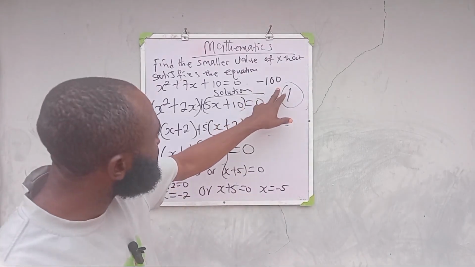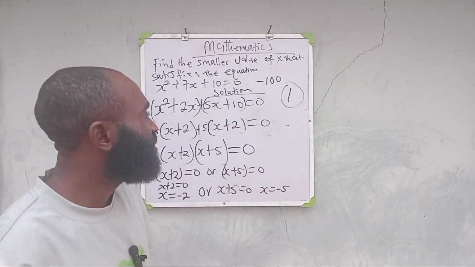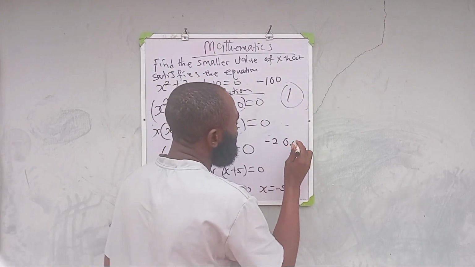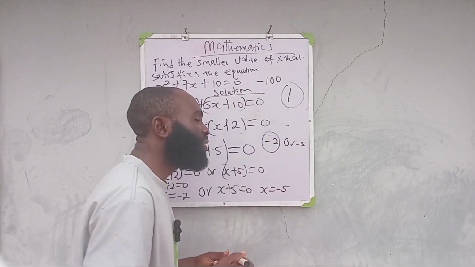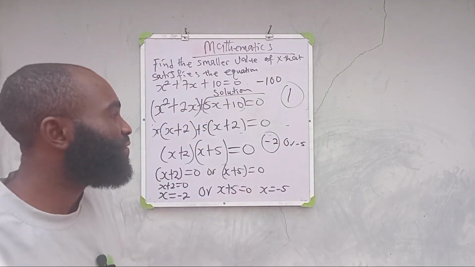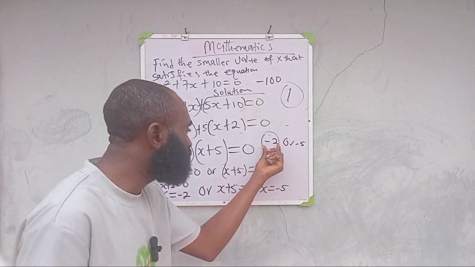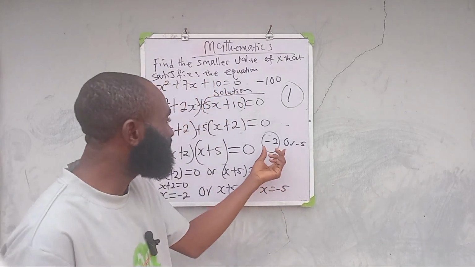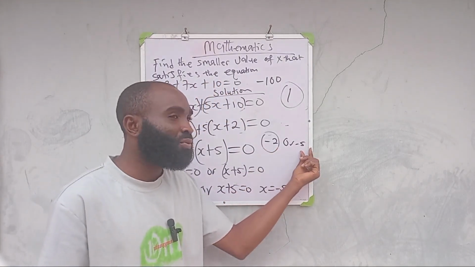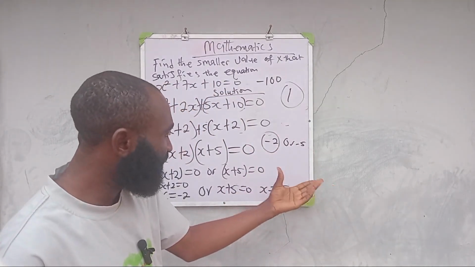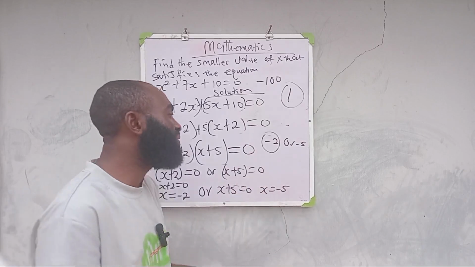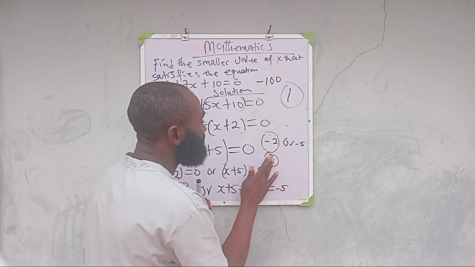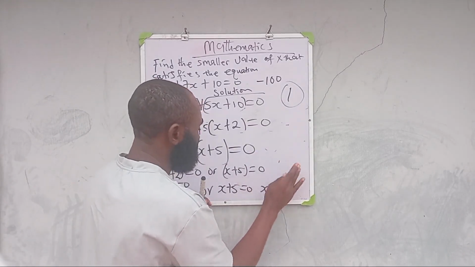So minus 100 is less than 1, which means if you have minus 2 or minus 5, minus 2 is greater than minus 5, because assuming you are owing somebody 2 naira and another person is owing 5 naira, the person owing 2 naira is richer than you, because when you have 5 naira the person will balance up and you still be having 3. So the smaller value here is minus 5.